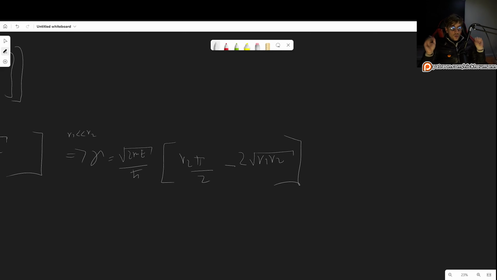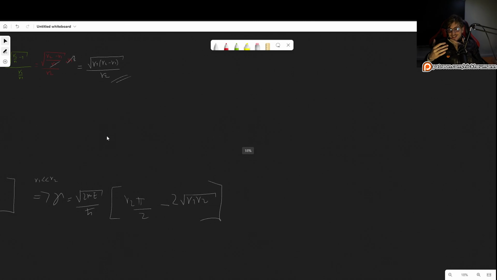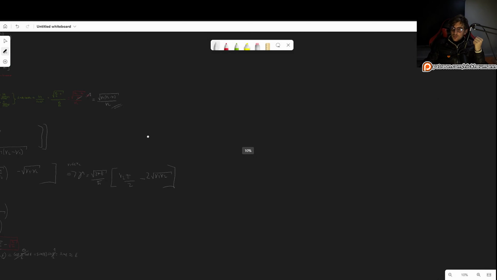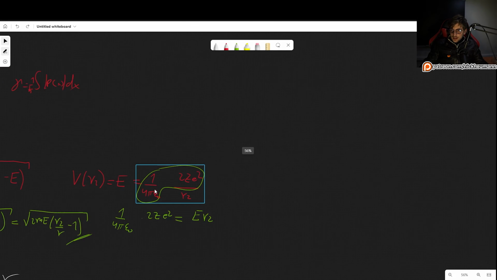However, we can do better, because R2 is not really something we know too much about. It is this kind of arbitrary amount: where exactly is the energy the same as the potential? So we can go back to our very old formula that we found somewhere up here. This one right there.